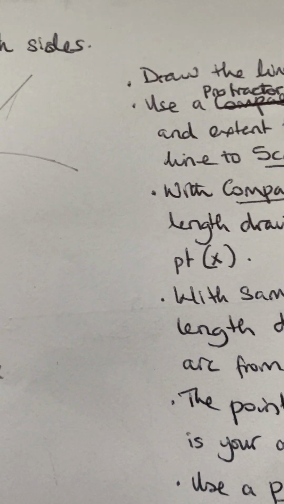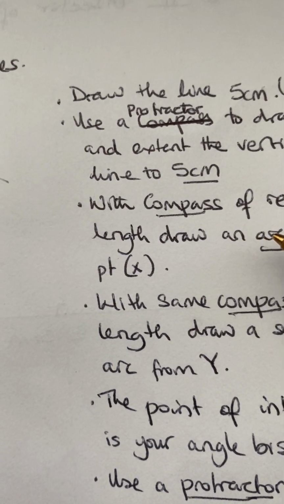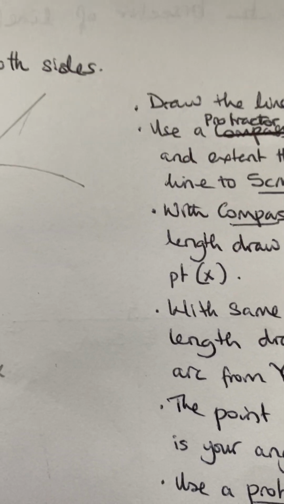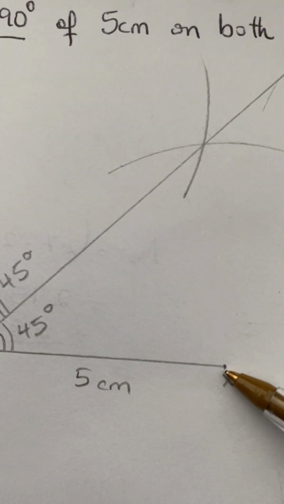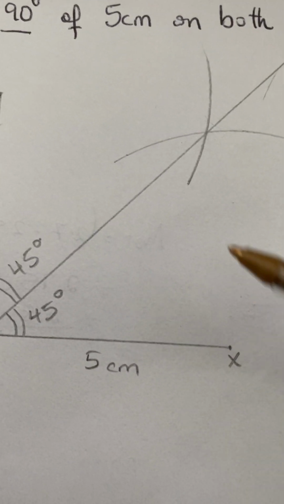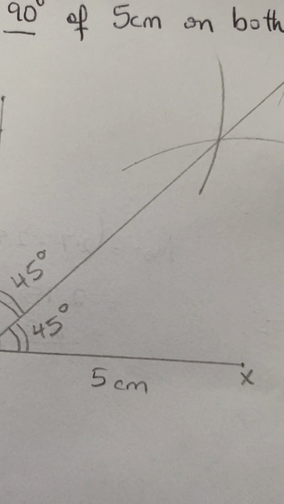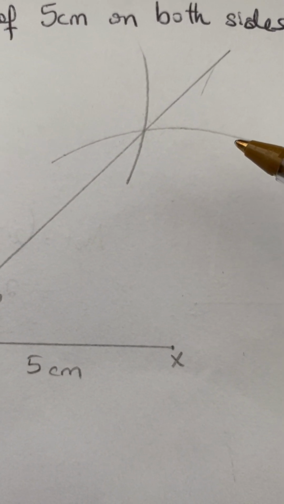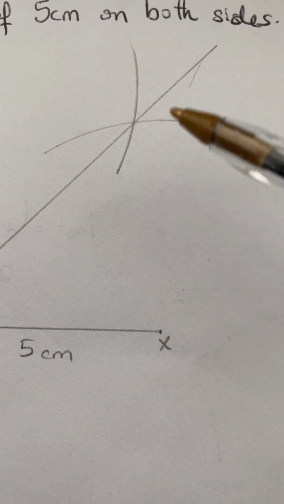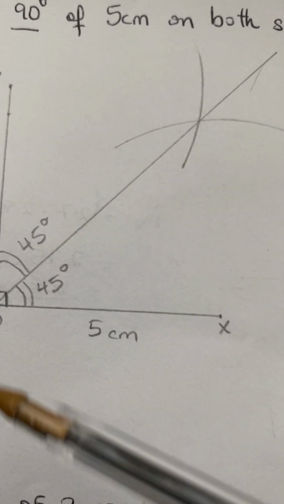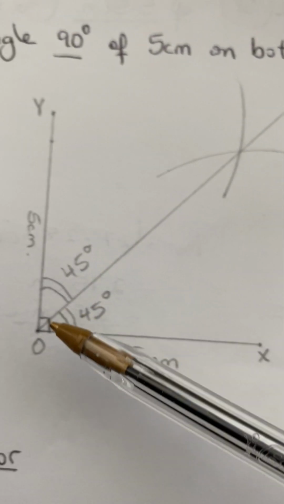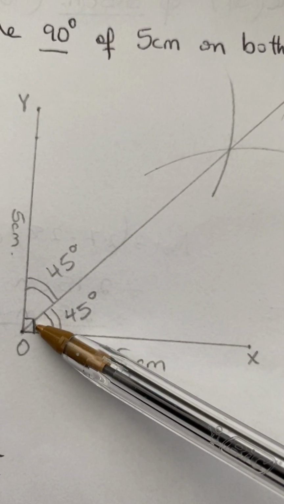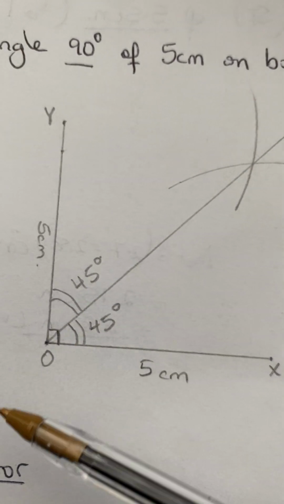We use a compass with a reasonable length. Draw an arc from point X. Yeah. So you draw an arc. Unlike the perpendicular bisector we did yesterday, where you draw an arc top and below, this one you aim to divide this angle. So you don't need to do that.